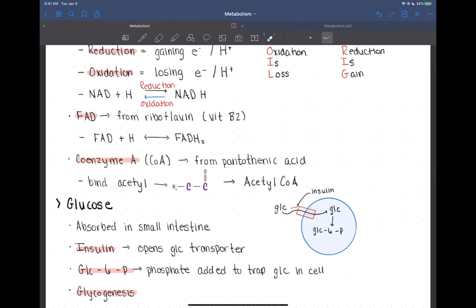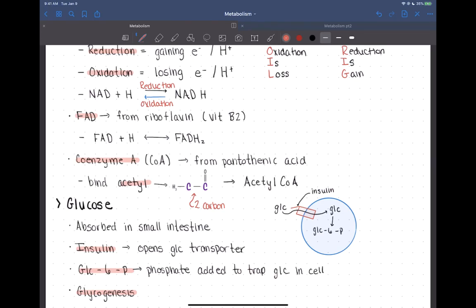Now, coenzyme A is a little different. It doesn't pick up hydrogens. All right, we abbreviate it usually CoA. It comes from pantothenic acid. And so what it actually can bind is an acetyl group. Okay, and so an acetyl group is a 2-carbon molecule. Okay, and that'll be important as we go through the steps of cellular respiration. We'll talk about how many carbons we have in each molecule we're looking at.